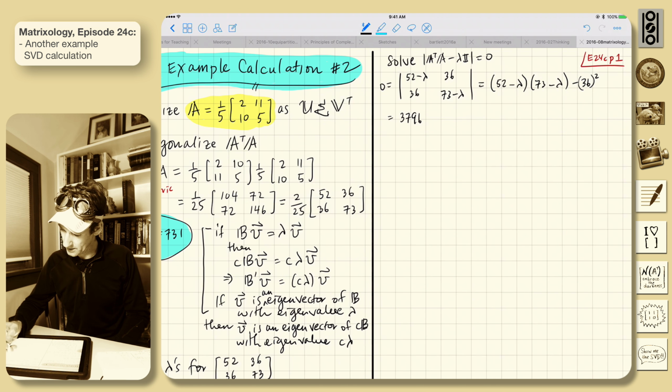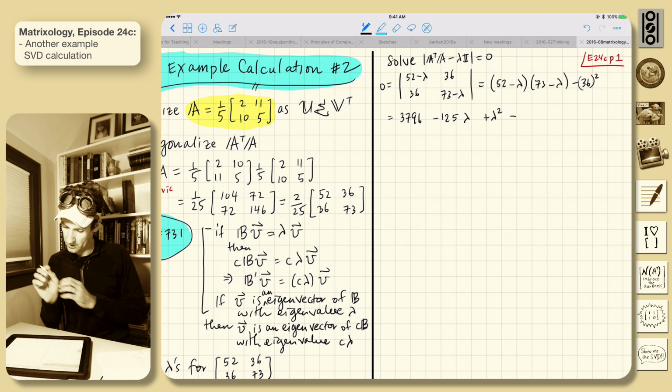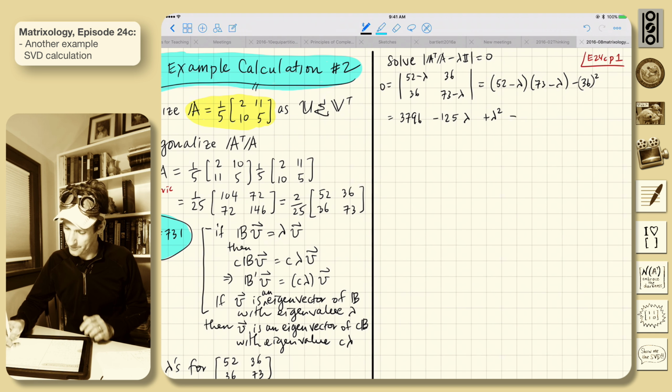That's that piece. Then we get a plus lambda squared, and we add these two pieces together, so there's going to be minus 125 times lambda, and then minus 36 squared, which is 1,296.